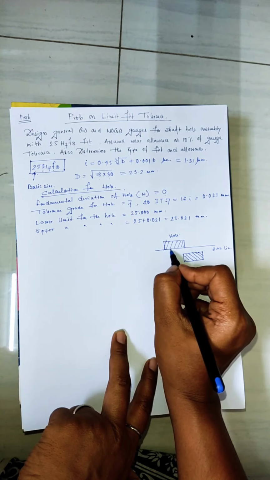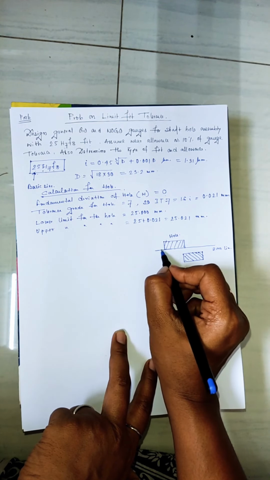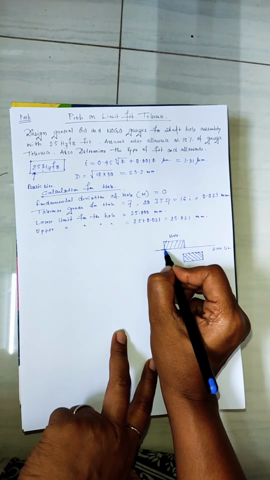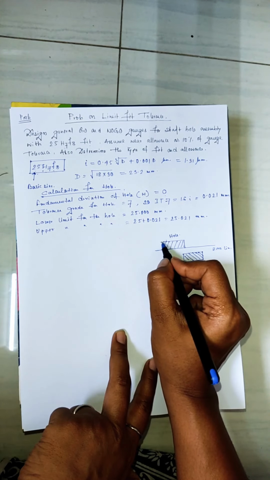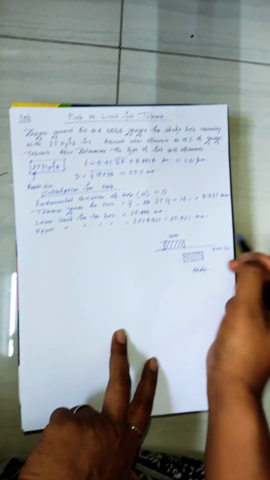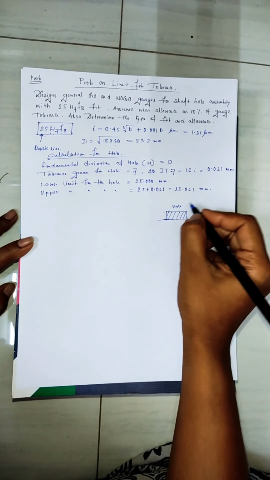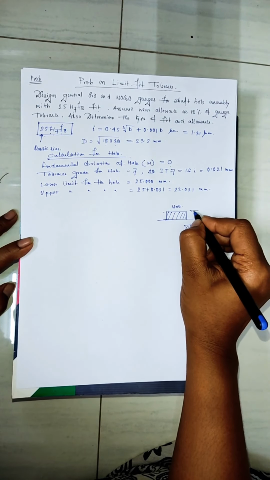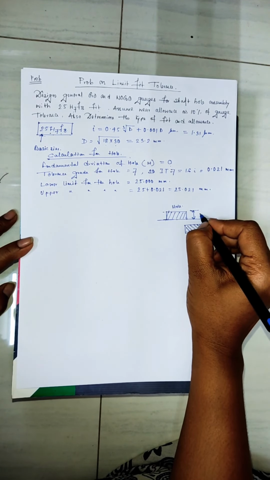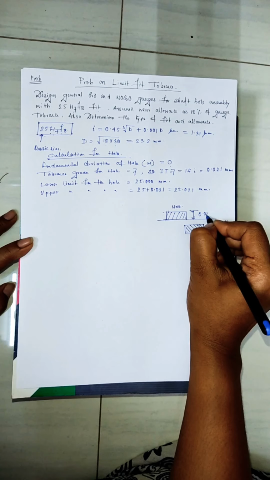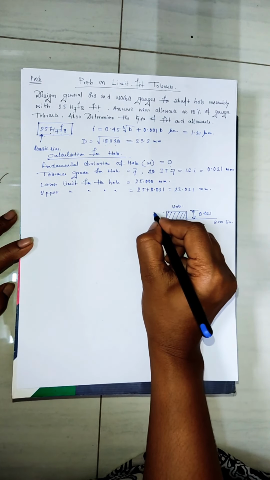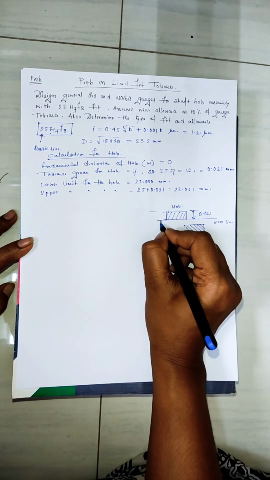So this is our basic size. This is our lower limit of the hole, and this is our upper limit for the shaft. So this is the tolerance zone for the hole. This value is 0.021. This is upper limit and this is lower limit.